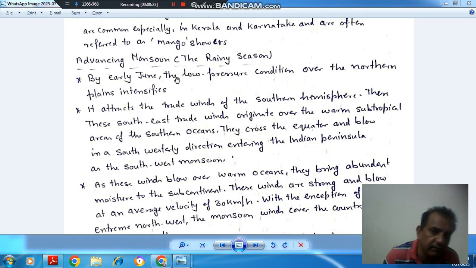In summer season we have learned that in the northern part of India the low pressure condition dwells. This low pressure condition gets intensified by early June. So that is your first point: by early June, the low pressure condition over the northern plains intensifies.